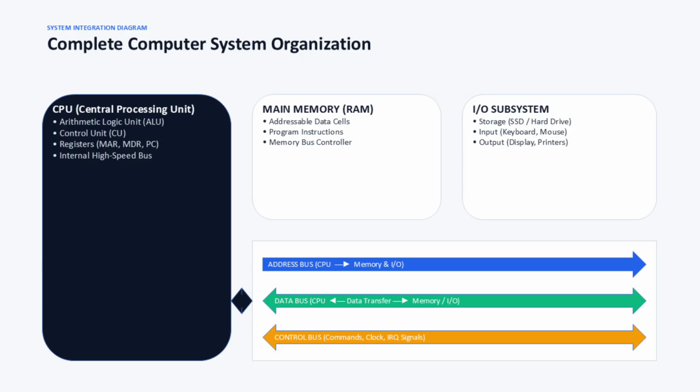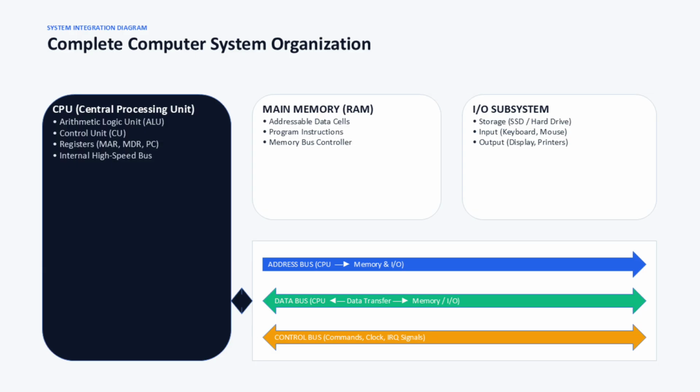It transports instructions, numbers, text, images, and every other form of digital data between the CPU and memory or devices. Finally, the control bus carries command and timing signals. It tells components when to perform a read operation, when to perform a write operation, and keeps everything synchronized using the system clock.